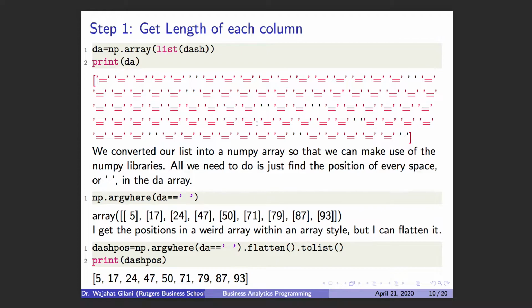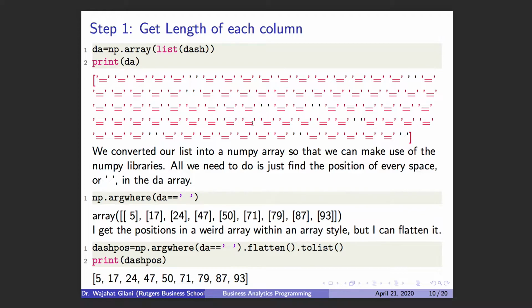Now we converted it into a NumPy array because NumPy has an arsenal of functions at our disposal to get the results we want. For example, if only there was some function out there that could tell us the position of a particular value within a NumPy array. Lo and behold, there is. It's called argwhere.